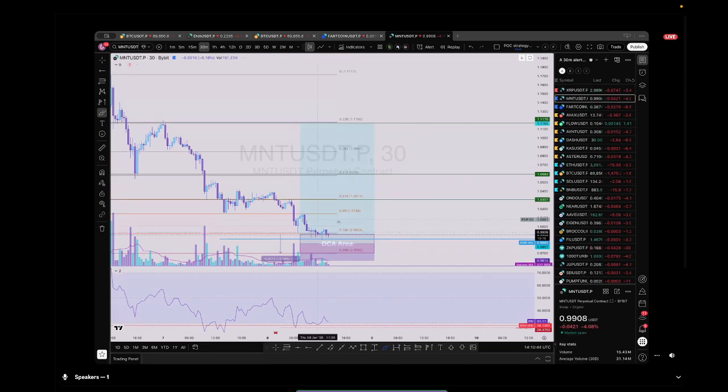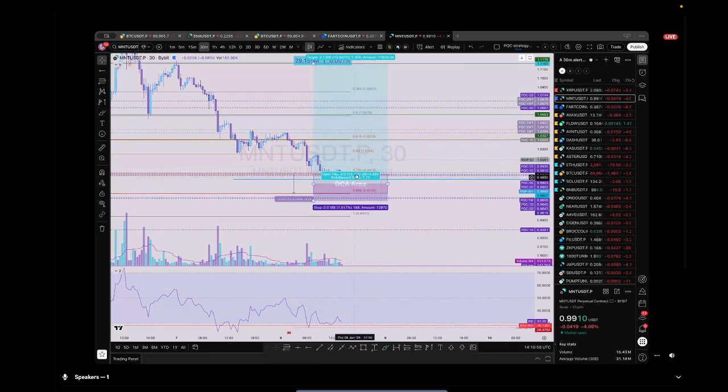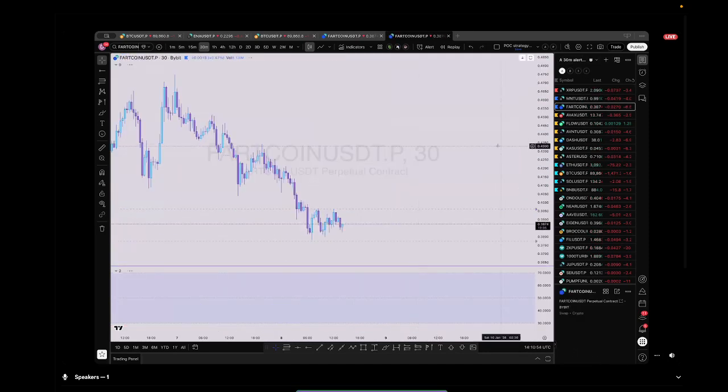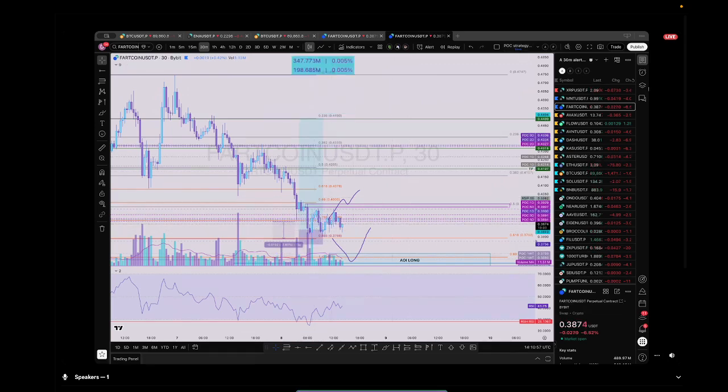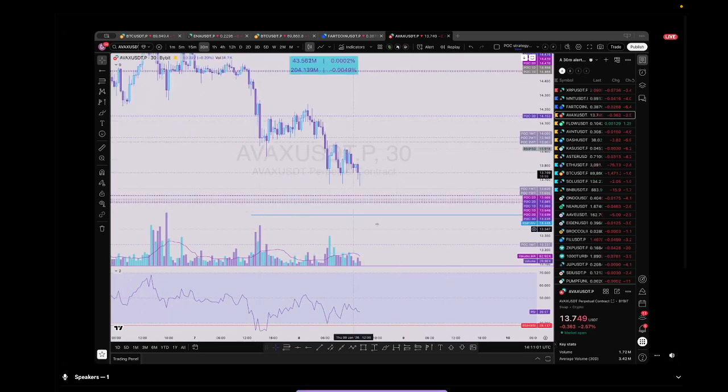And then blue, for me, is trades where I put the stop loss at break even. Okay, this one gets stop break even, same as Farcoin. I got stop break even. And as you see, yellow are the ones that are a little bit more interesting, but still no bids, no nothing.